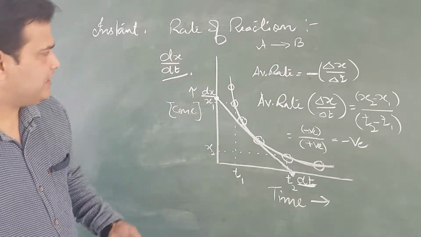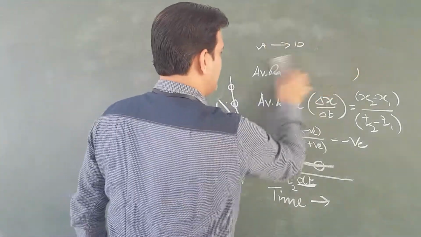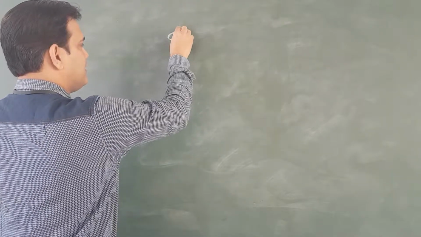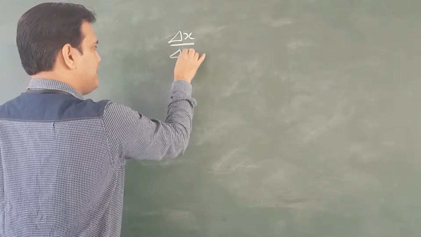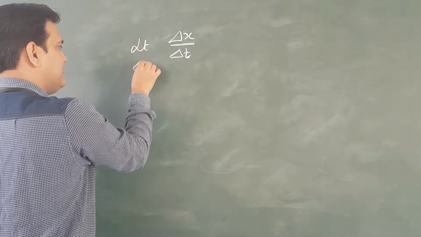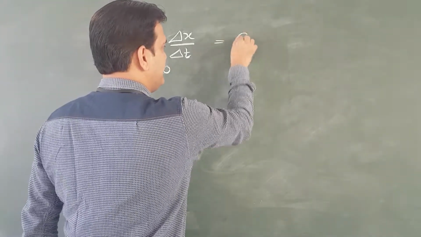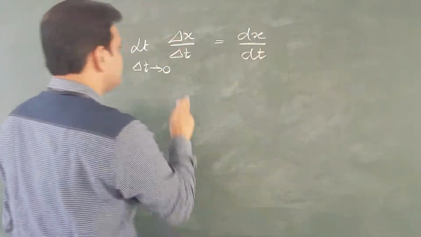Now, the relation between instantaneous rate of reaction and average rate of reaction. If we have delta x by delta t and we take the limit delta t tends to 0, then it will be equal to dx by dt.